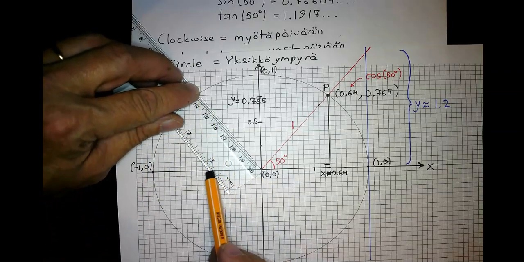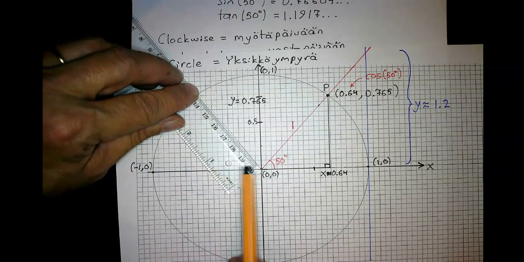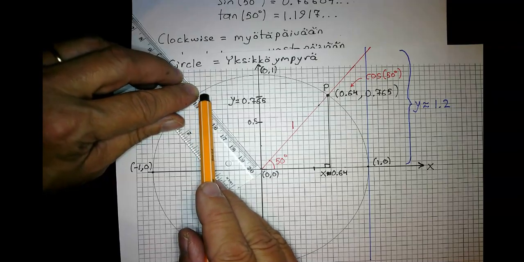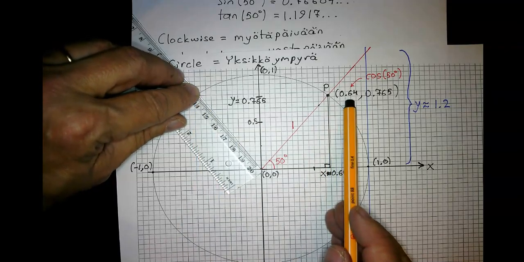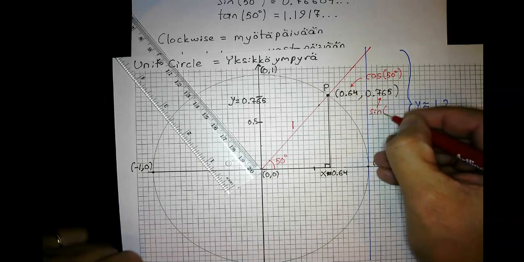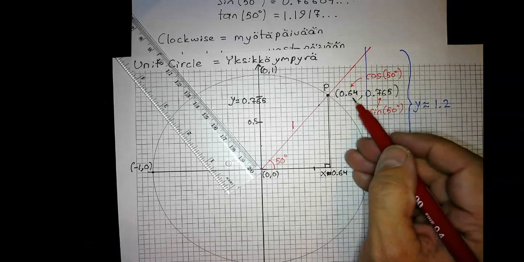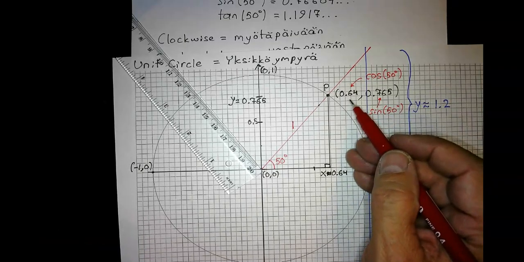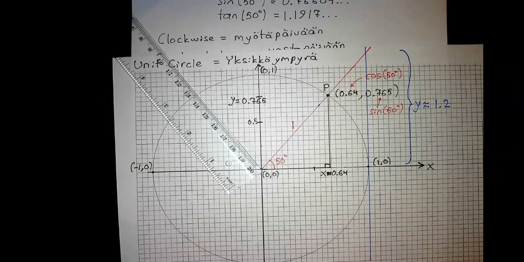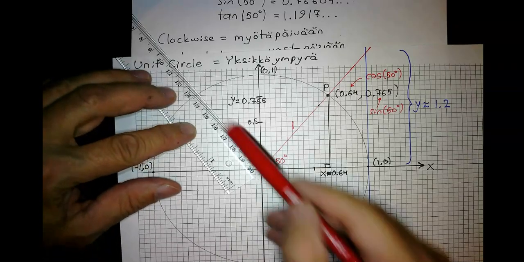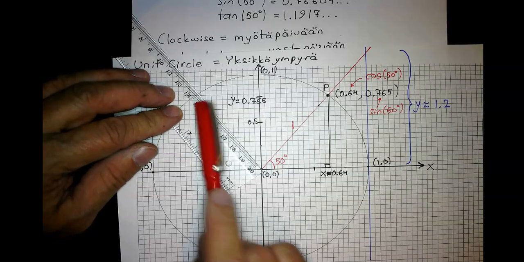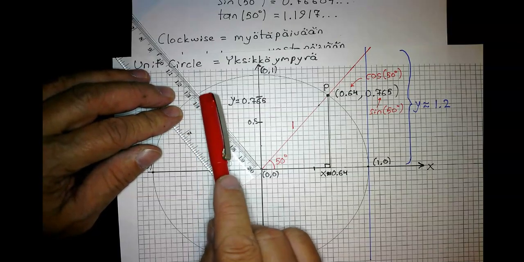The x coordinate here is negative because it goes to the left, and the y coordinate is positive. This is the sine value there. Because the x coordinate tells us the value of cosine and the y coordinate tells us the value of sine, if the angle is here, then the cosine of that angle is negative and sine of that angle is positive.